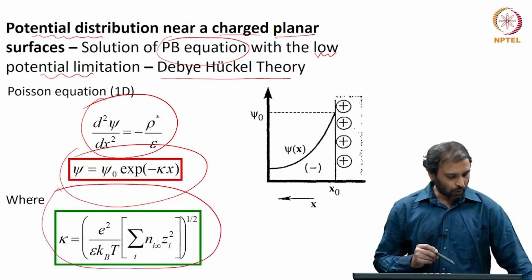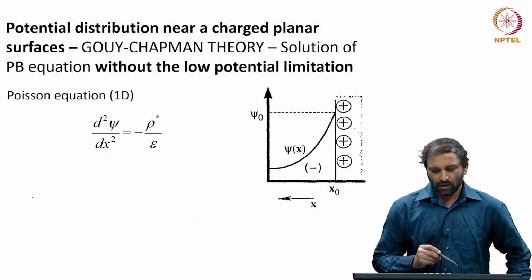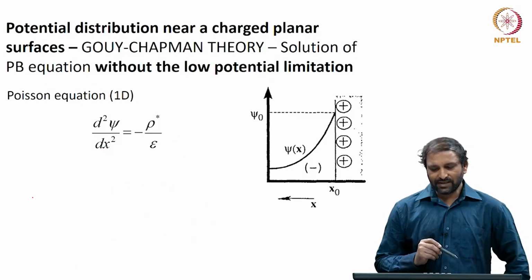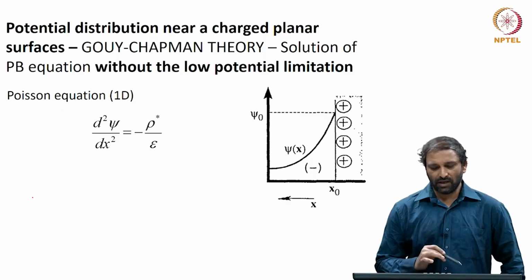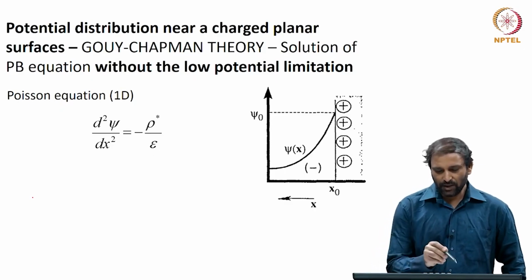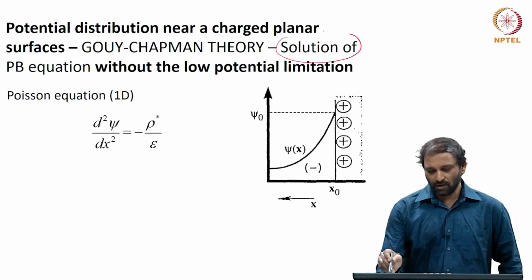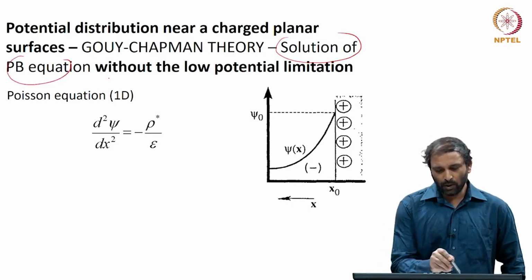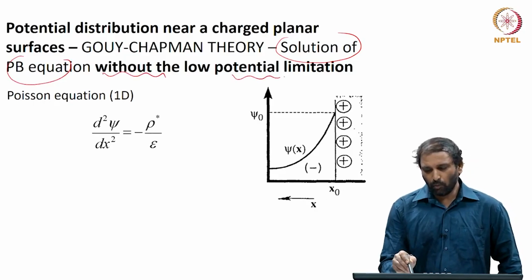So, now what we want to do today is to essentially take out this limitation of low potential. That means, we would like to obtain a solution of the Poisson-Boltzmann equation without the low potential limitation.